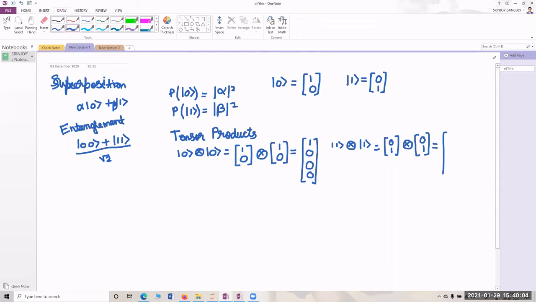So again, the same process: 0 into 0, 0 into 1, then 1 into 0, 1 into 1. Now what you do, you add them, because it is 00 plus 11.